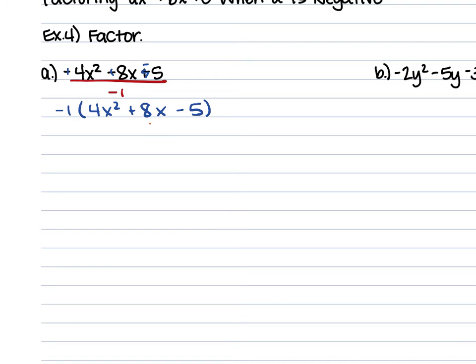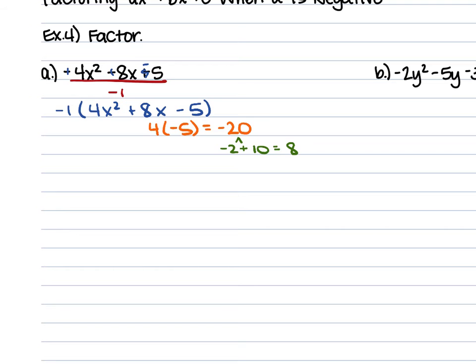So 4 times negative 5 gives us negative 20. We want the factors of negative 20 that add up to be a positive 8. If we had a negative 2 and a positive 10, we can get negative 20 by multiplying them and positive 8 by adding them.